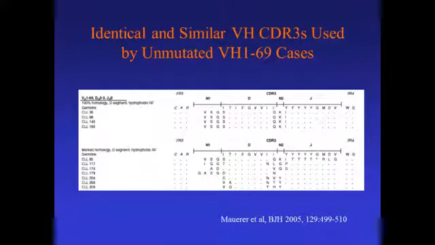This just highlights the fact that the CDR3 region, these are different CLL cases. The ones on the top show identical CDR3 regions, and the ones at the bottom show very similar CDR3. So the probability of this happening by chance, I think, is something like 1 in 10 to the 14th or something like that.